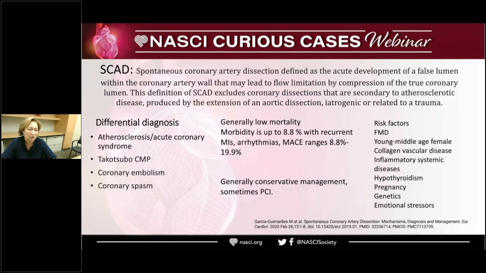The differential diagnosis here is atherosclerosis, Takotsubo, coronary embolism, and coronary spasm as well. And as you said, there are risk factors of fibromuscular dysplasia, collagen vascular diseases, inflammatory systemic disease, including IBD, inflammatory bowel diseases, hypothyroidism, pregnancy, and emotional stressors. Not really, she did not have those, or maybe we were not able to extract pertinent information, but not that we know of.